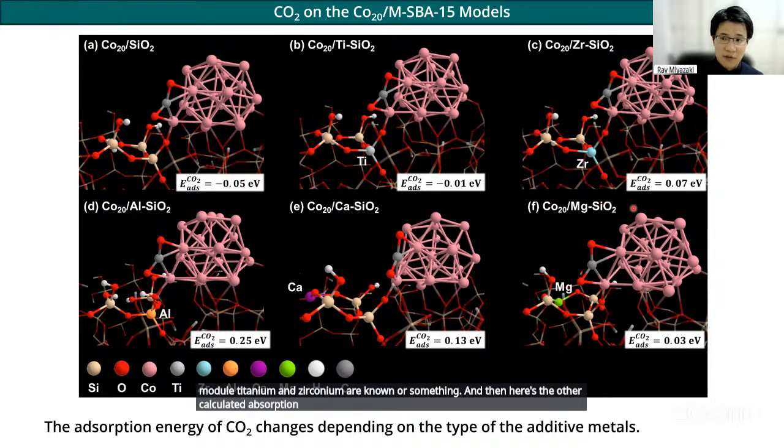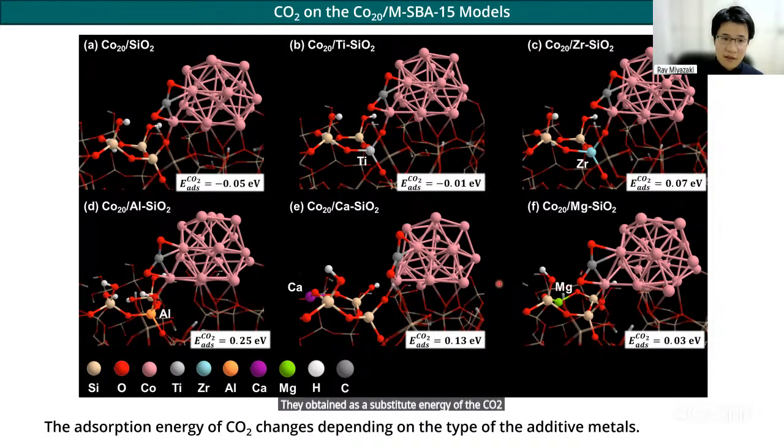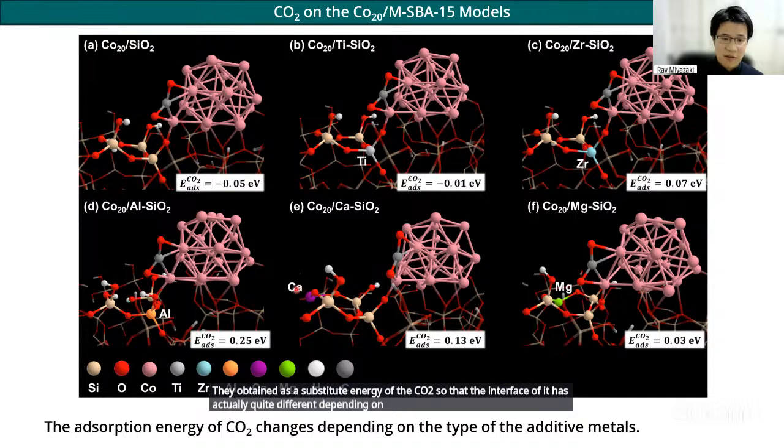As you can see, the adsorption energy of CO2 at the interface site is quite different depending on the additive metal. That means even though I put in just one additive metal, which is quite far from the experimental silicon-metal ratio, this very simplistic model can represent the difference of the support material for CO2 adsorption.